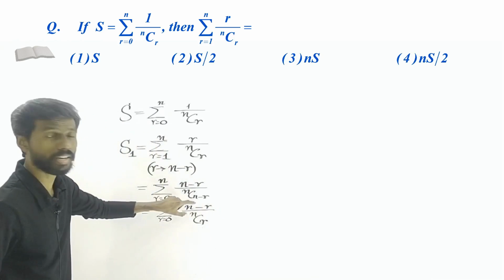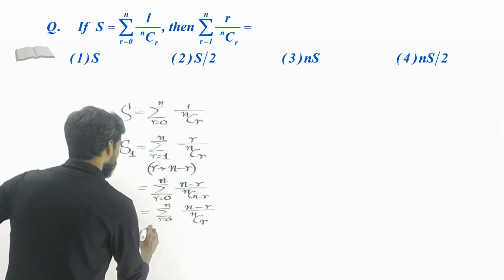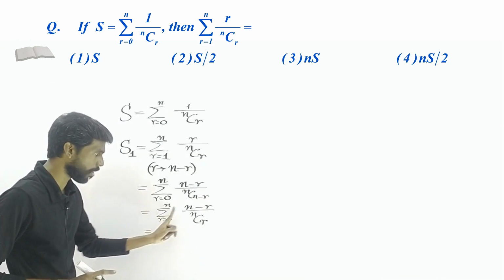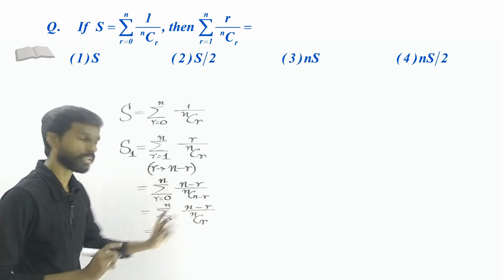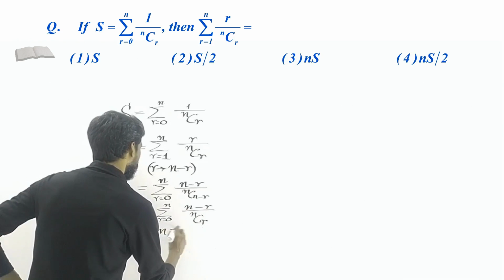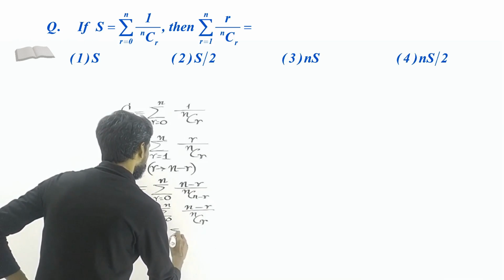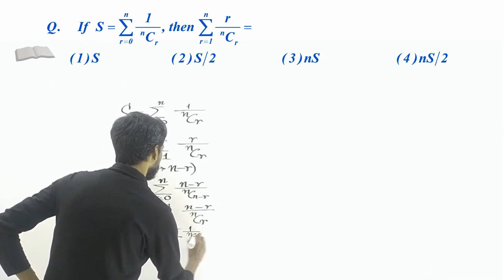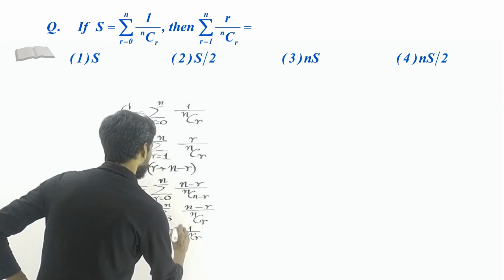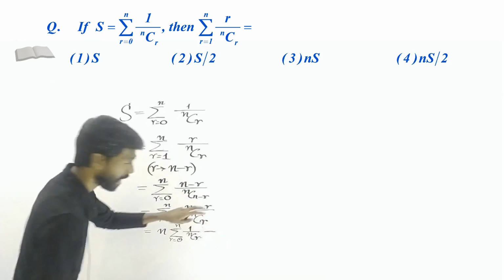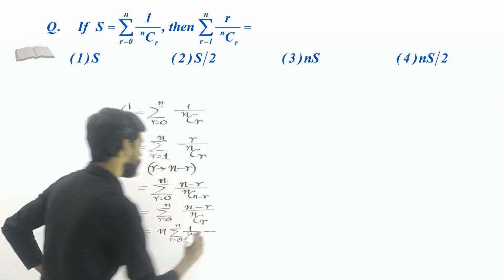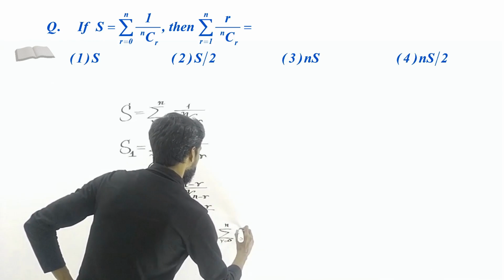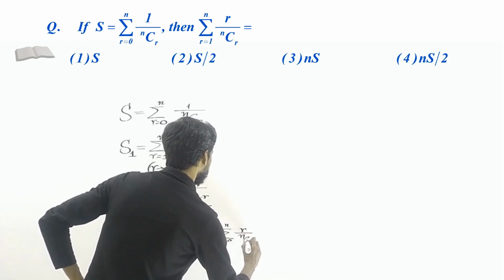Now we can split it into two summations: this minus this. Since n is a constant, we can take it out: n times the sum of 1 divided by nCr, r from 0 to n, minus the second term. The second term is r divided by nCr, so that is sum of r from 0 to n, r divided by nCr.